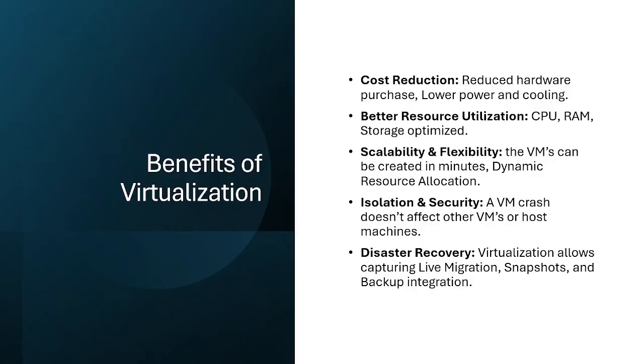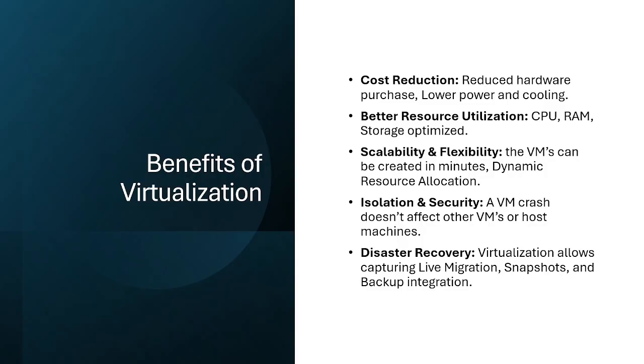Some of the key benefits of using virtualization include reduced hardware cost, better resource utilization, scalability and flexibility, isolation and security, and disaster recovery. Virtualization allows us to use hardware efficiently, and the virtual machines or other resources required can be created in minutes.